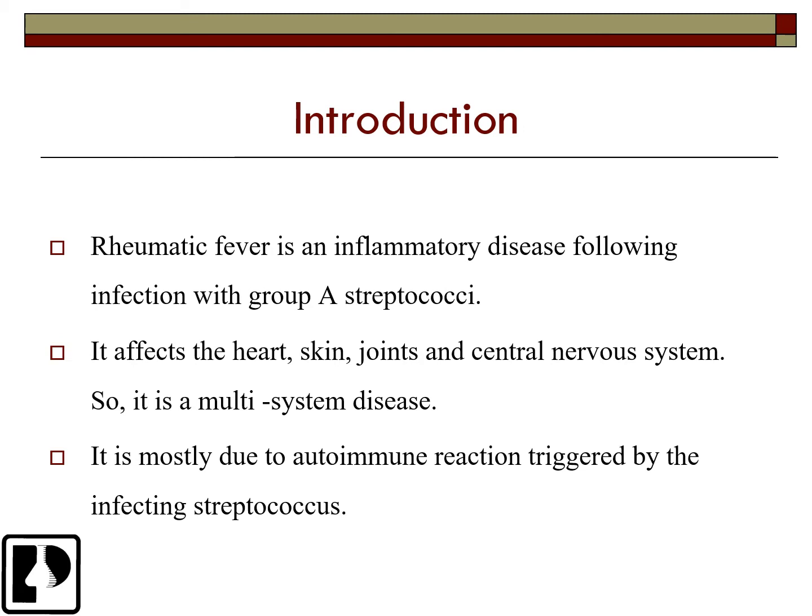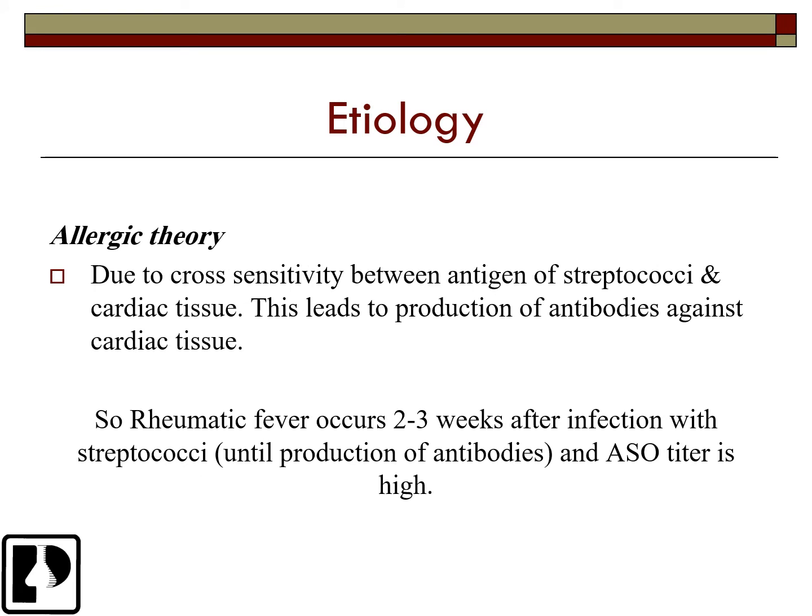As you know, when any infection occurs, the body immune system starts production of antibodies, and these antibodies must target the bacteria. But in this condition, the antibodies also target other tissue in the body. In etiology, we don't have a specific etiology till now, but it is still a theory.